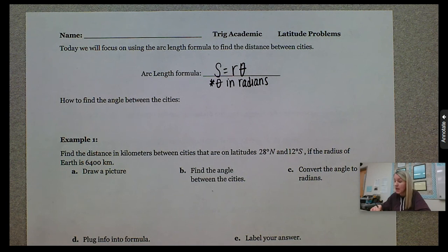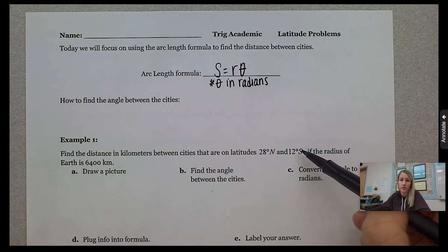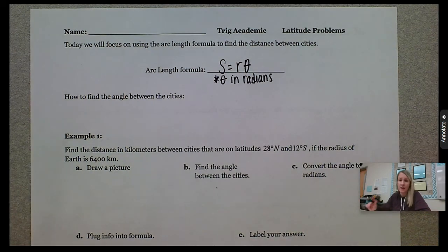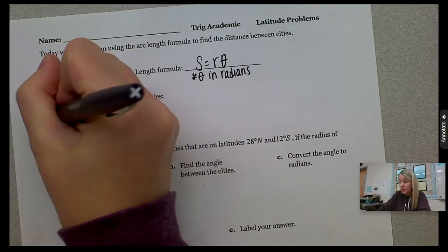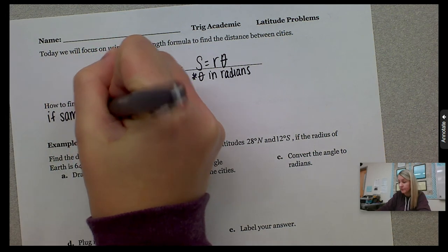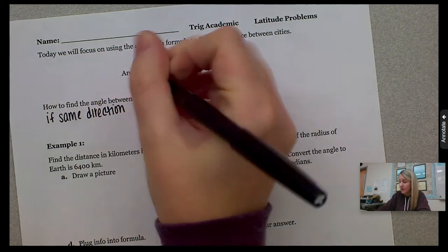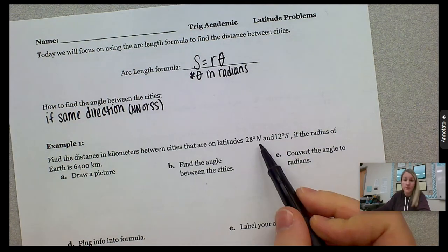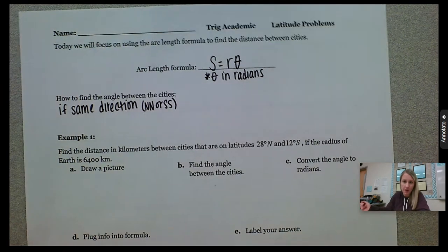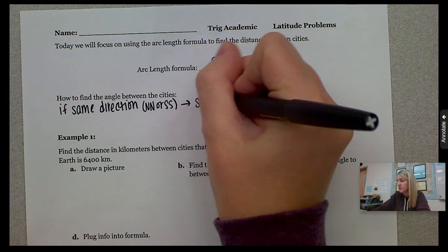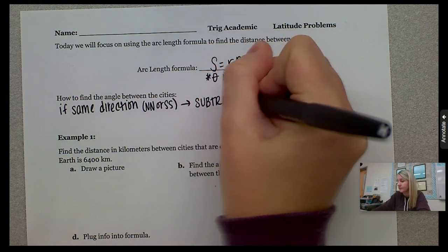We're going to have some latitudes, like 28 degrees north or 12 degrees south, and there are other ones in other problems. So how do we find the angle between those cities? If they're in the same direction, AKA they're both north or both south, you are going to subtract your angles.